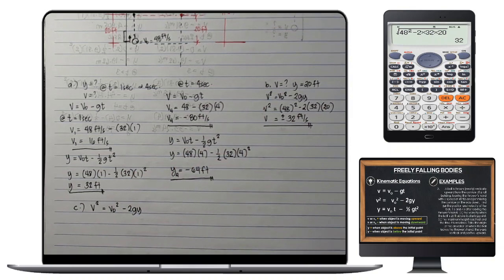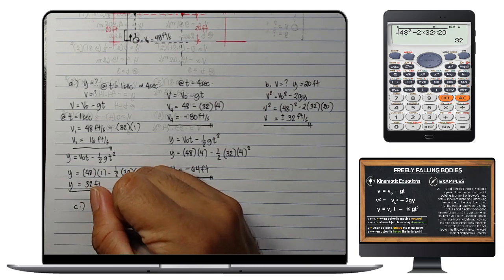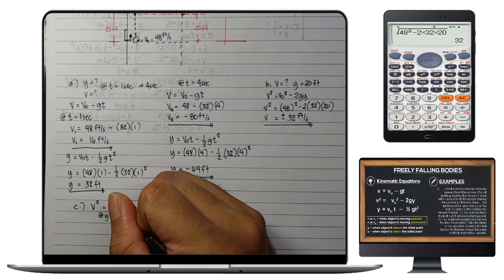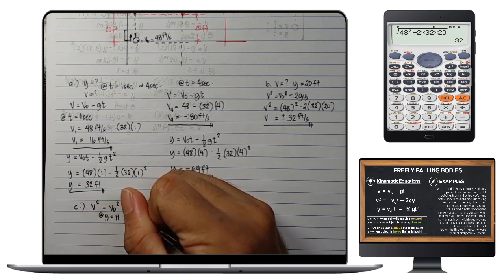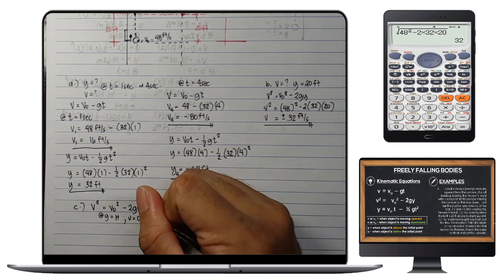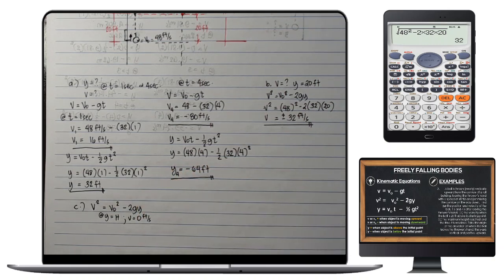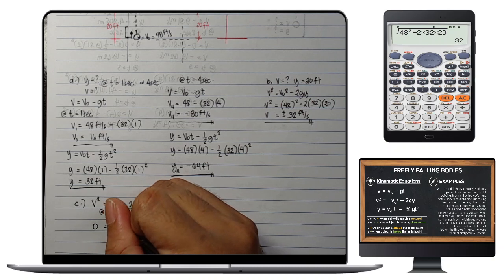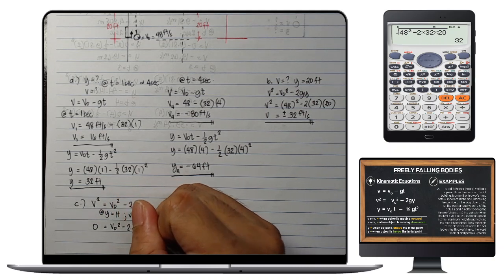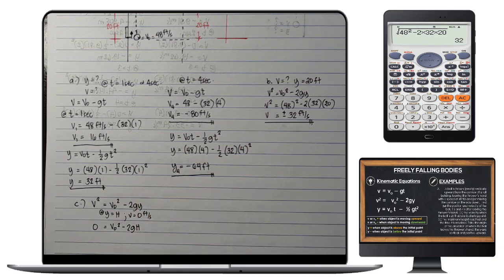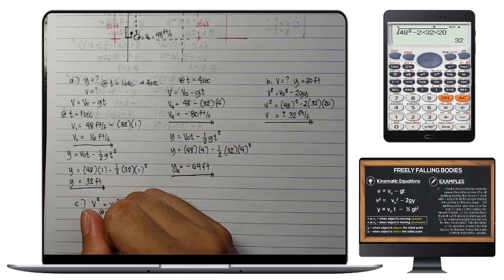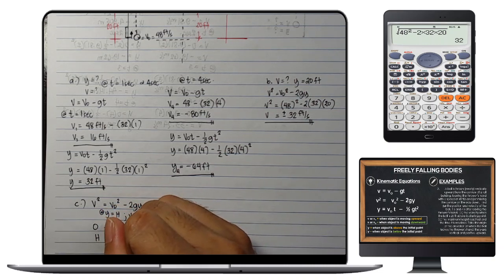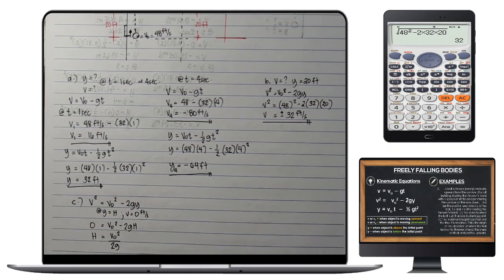Since we'll be considering maximum height, tawagin natin Y is equal to H. The velocity at maximum height is equal to 0. So, substitute lang natin. This will be 0 is equal to V sub O square minus 2GH. Okay? With that, masasolve natin si H. That is simply VO square divided by 2G. Diba? Tatranspose lang, then divide.